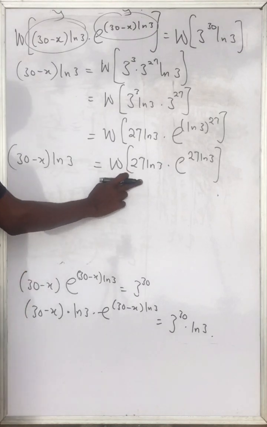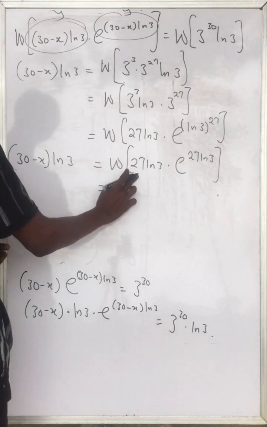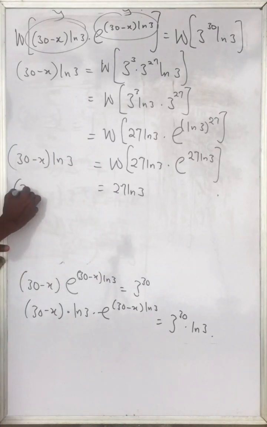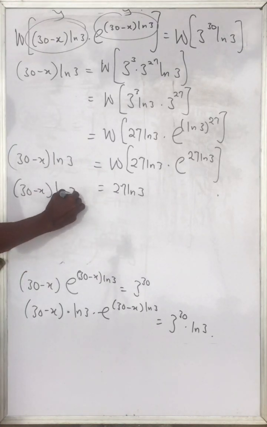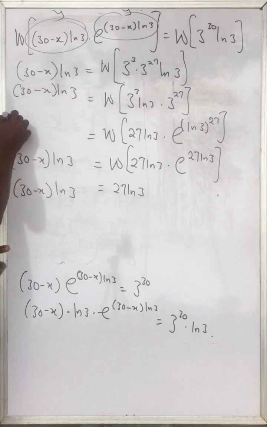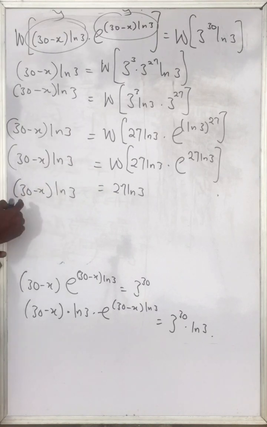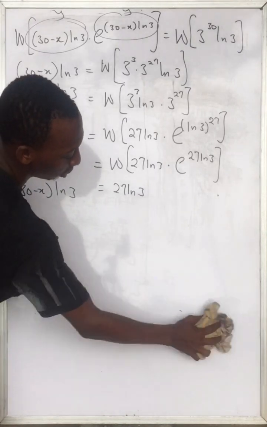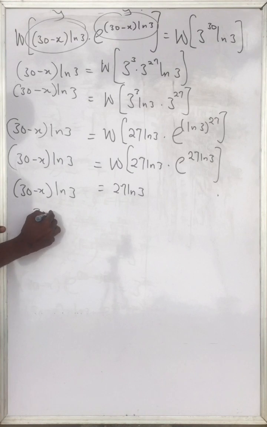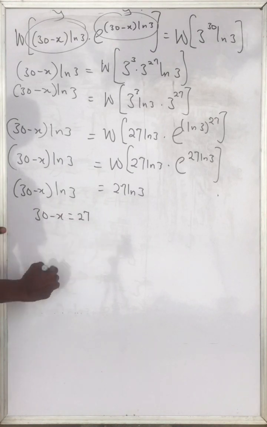Remember, if you apply the same thing here, this is going to give you 27 ln 3. So that means we have 30 minus x ln of 3 equal to 27 ln of 3. So remember, if you divide both sides by ln of 3, you have 30 minus x is equal to 27.